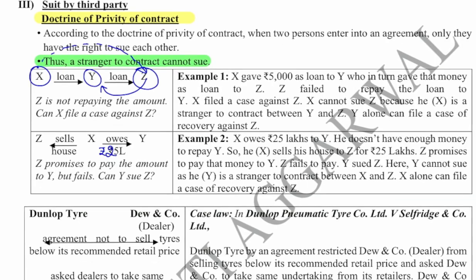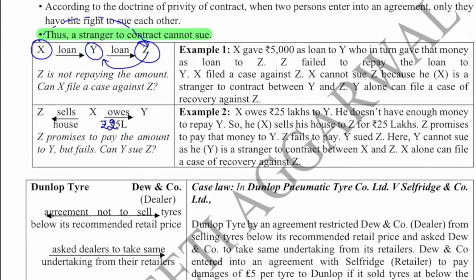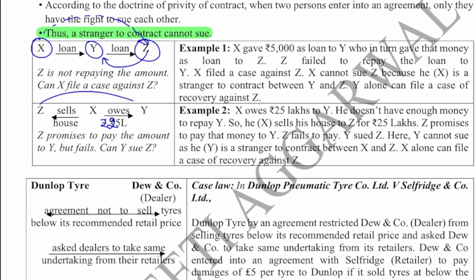But what if? Let's do a variation here. What if Z gives an acknowledgement to Y? Okay, he gives acknowledgement that listen Y, I am holding the money for you. Whenever you reach home, let me know, I will bring the money.